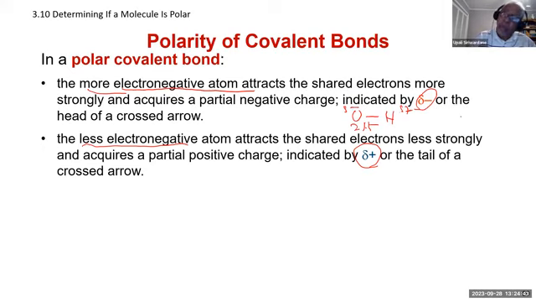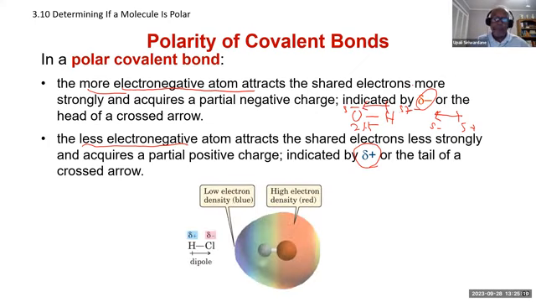This dipole is represented by a line. The arrowhead is the negative end. The arrow tail is the positive end. Therefore, you write an arrow like that to represent the polarity, or the dipole, of the polar bond.